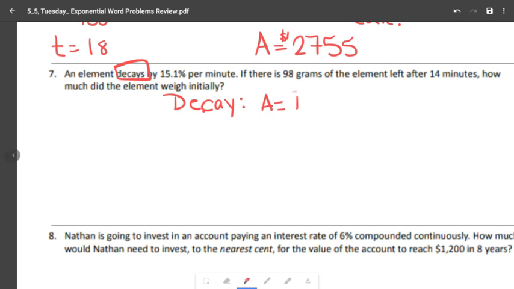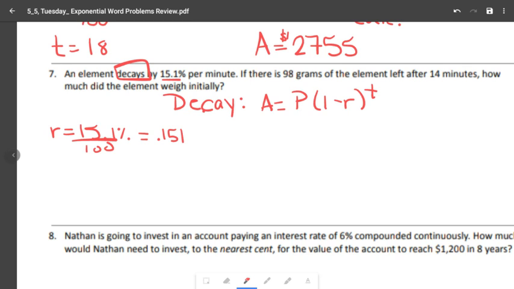So A equals P times 1 minus R to the T power. So our rate, R, is 15.1%. Divide by 100, so you get 0.151.